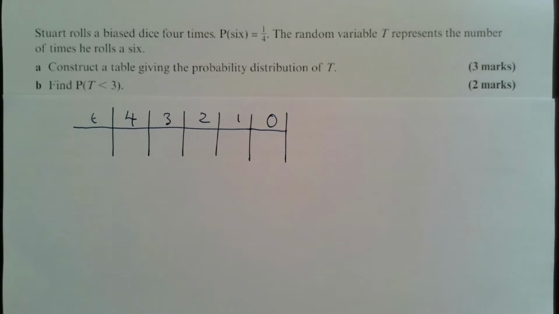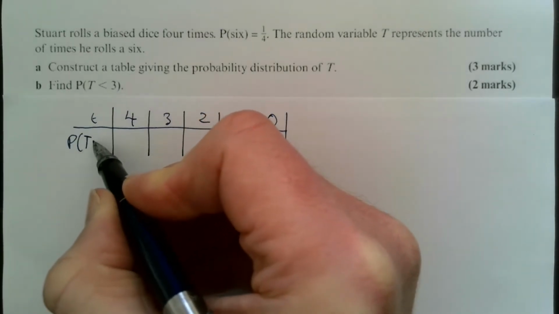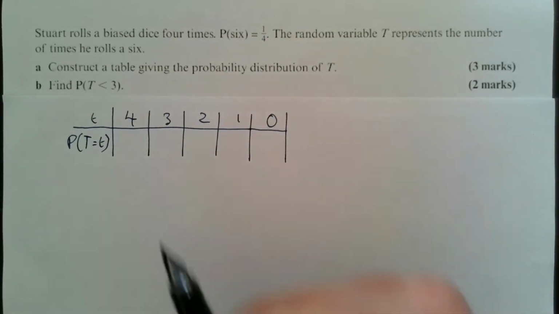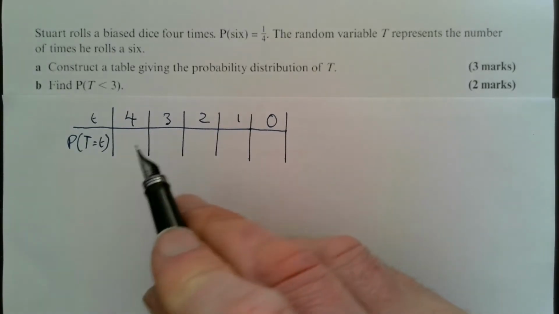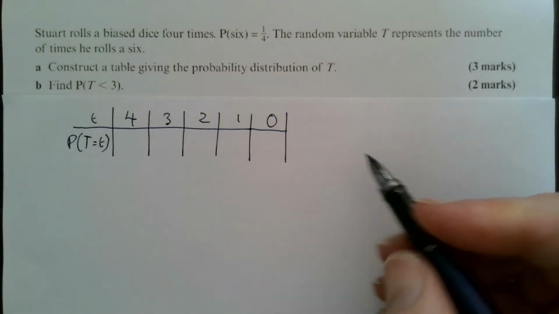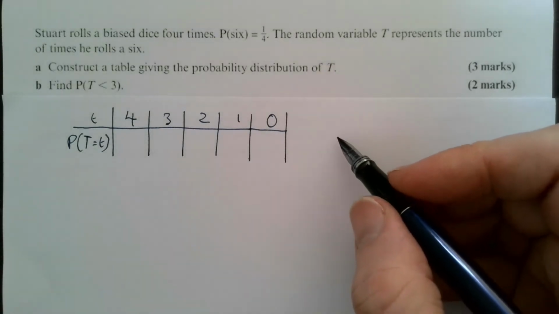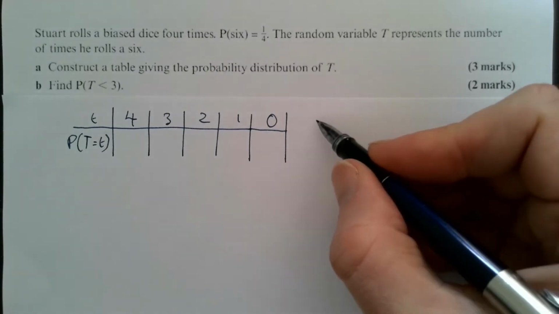And we're going to have to work out all of those. So then we would be saying the probability of capital T equaling a little t that we've got up there. And we're going to do these one at a time. So the end ones are the easiest. So the very first one, we're going to have to get 1 6 is 1 over 4.